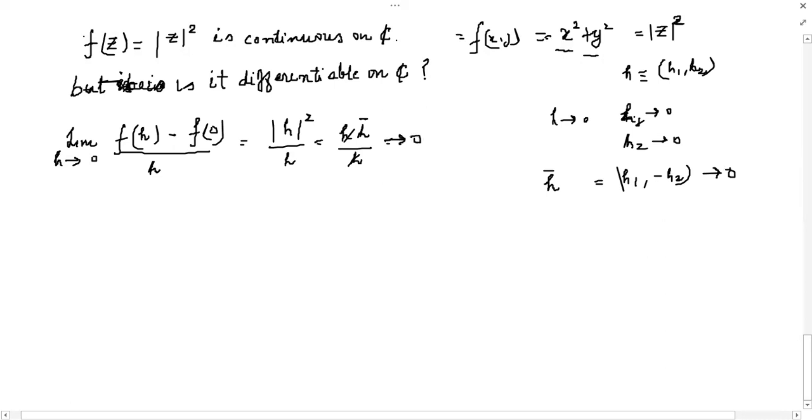So this tends to 0 along any path, because if h is tending to 0, it implies h1 tends to 0 and h2 tends to 0. So obviously h1 tends to 0 and minus h2 also tends to 0. So irrespective of path, this limit is 0. So it implies that modulus of z whole square is differentiable at 0.